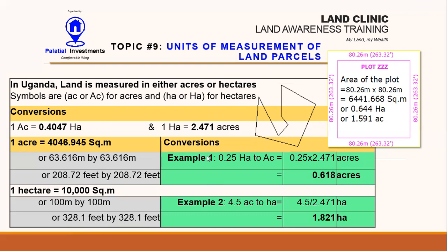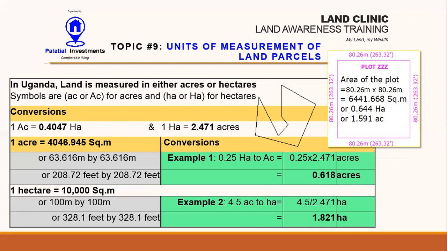Now, how do you convert from an acre to a hectare? If, for example, you have 0.25 hectares and you're taking this to acres, you multiply this by 2.471 and you will get 0.618 acres. So 0.25 hectares is actually equivalent to 0.618 acres.